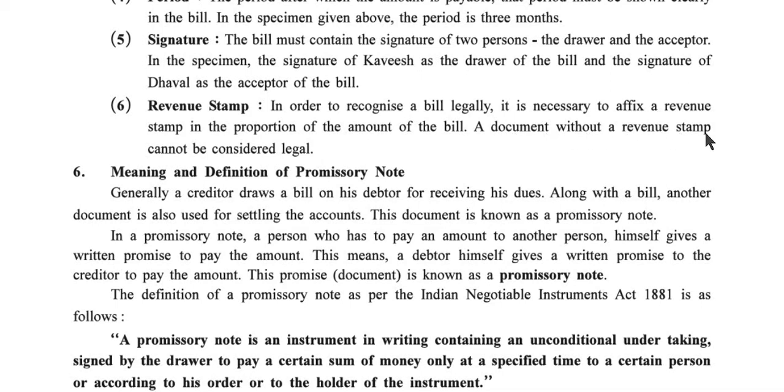A document without a revenue stamp cannot be considered legal. If you stick the revenue stamp, then only this document becomes legal. So if you want to consider this document a legal document, and give it the legal name, then a revenue stamp is very necessary.